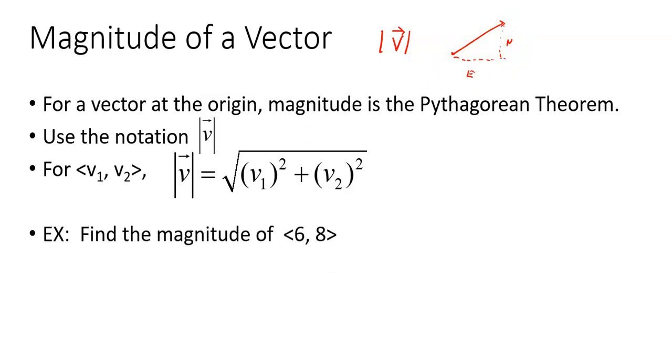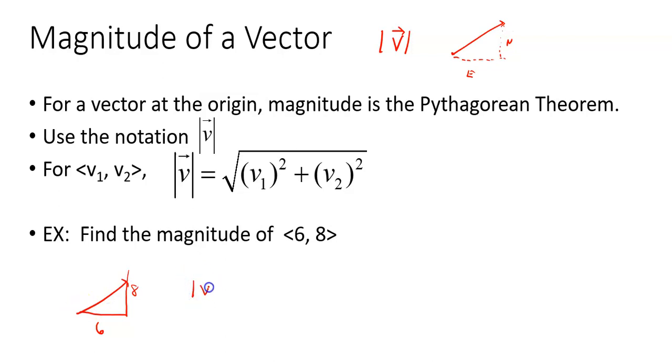So for example, I've got a vector <6, 8>. So from the origin, it's 6 units to the right and 8 units up. What is the magnitude of that vector? Well, really what you're doing is you're finding the third side of a triangle, where one leg is 6, the other leg is 8, and then that vector is the third side over there.